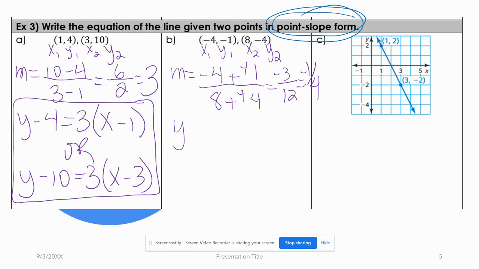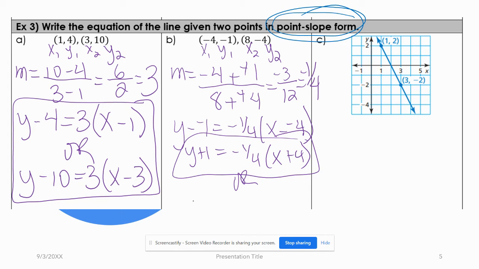So we can have y minus -1 is equal to -1/4 times x minus -4. Remember, we would clean that up with the add the opposites, which would be y plus 1 and x plus 4.